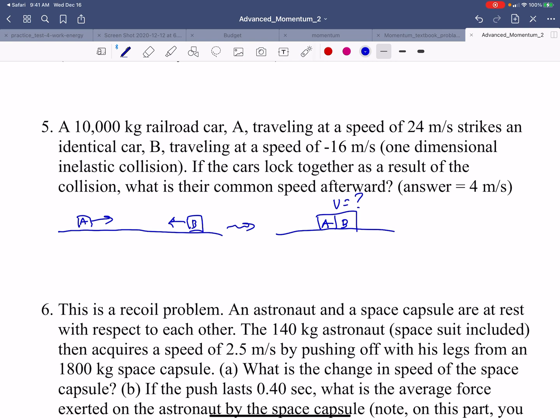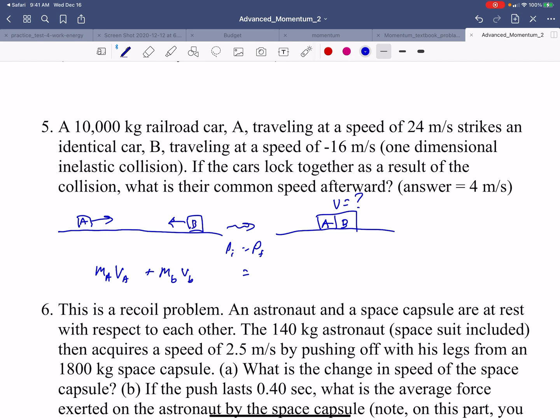Again, the momentum initial has to equal the momentum at the end. And it looks like we don't have an impulse on the system, so it's going to be MA VA plus MB VB has to equal the final stuff. Now we're going to be a little bit careful here, and I'm glad I stopped before I went too far.